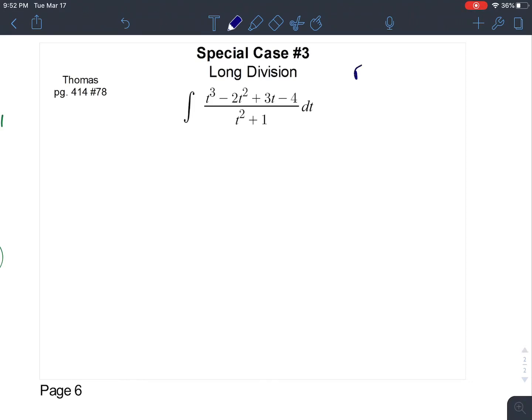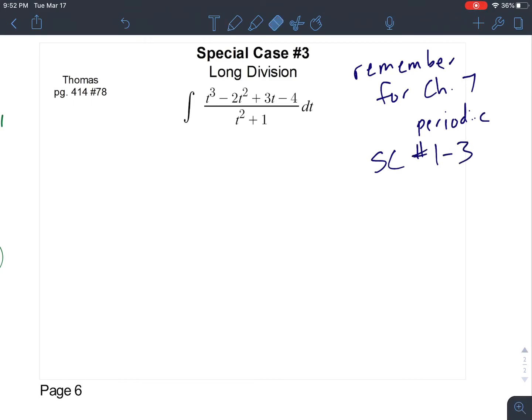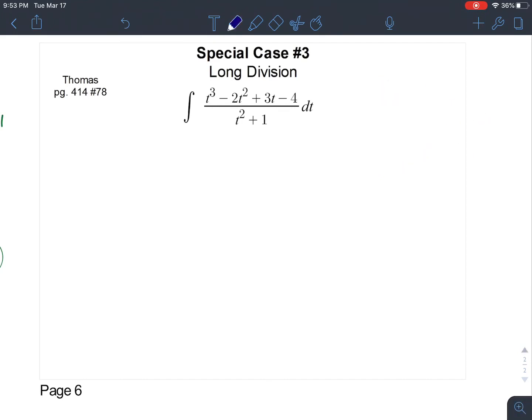Those you definitely should remember for the Chapter 7 exam. So remember for Chapter 7 periodic, special case number 1 through 3. Again, number 4. Number 4 is if I wanted you to fail the exam. Let's just put it that way.